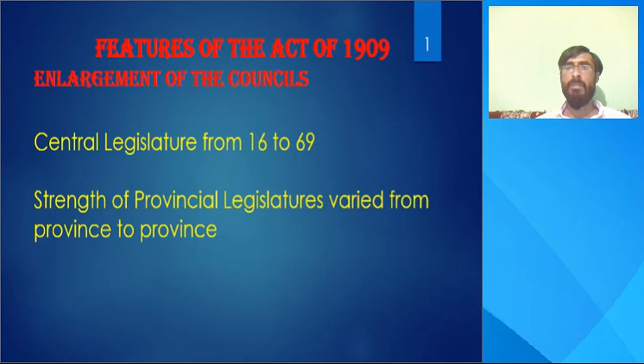The strength of Central Legislative Assembly, also known as Imperial Legislative Assembly, was increased from 16 to 69. The strength of provincial legislatures was also increased, but it varied from province to province.